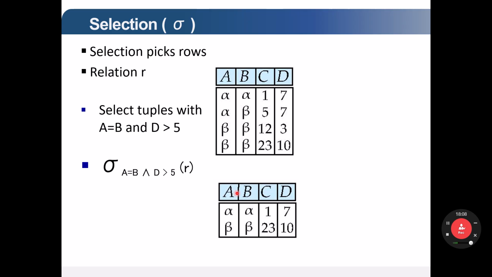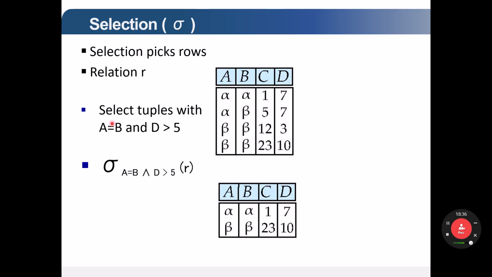Next operator, this is new to most of you guys, I believe, selection operator. And we use this Greek symbol, small sigma, to indicate the selection operation. So basically this is a filter operator. Suppose we got this table ABCD that contains 4 tuples, and we want to select records that satisfy this given predicate.